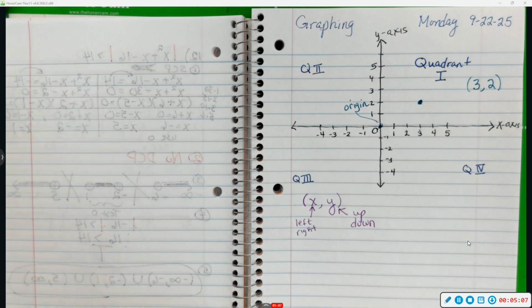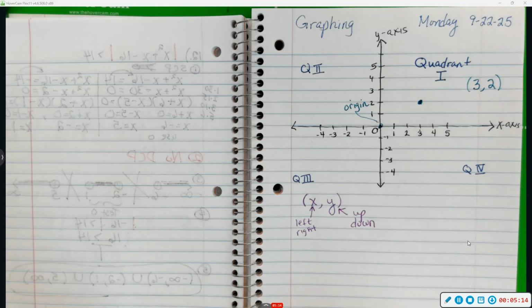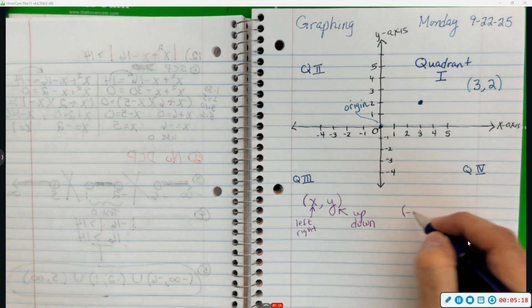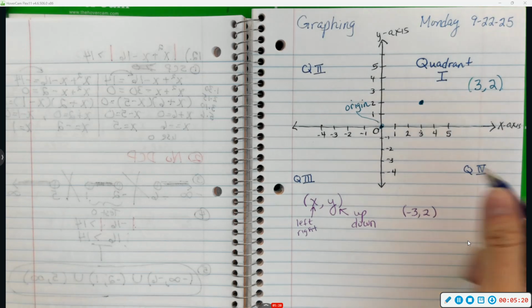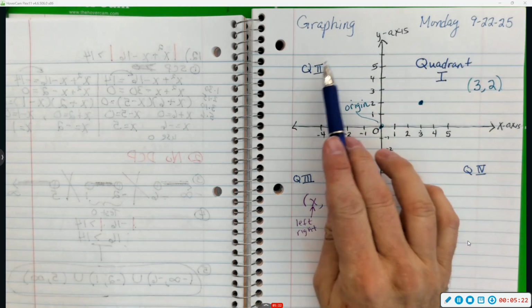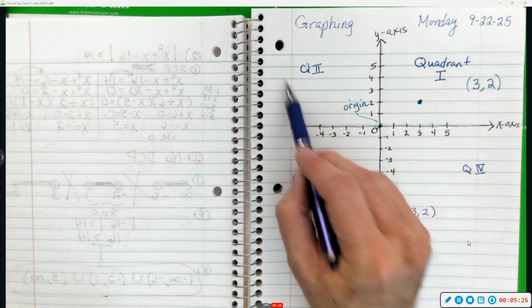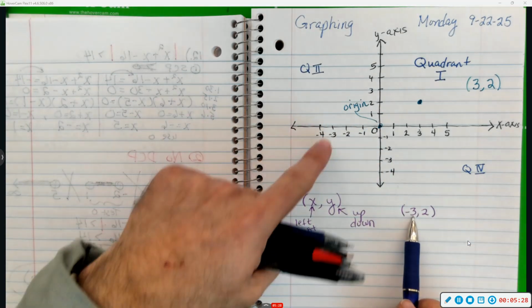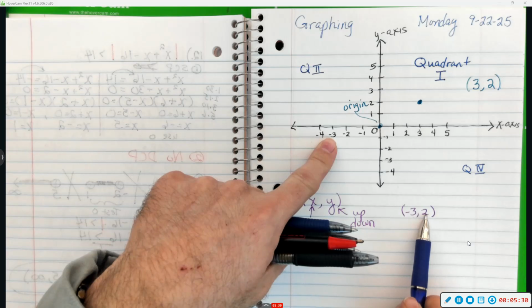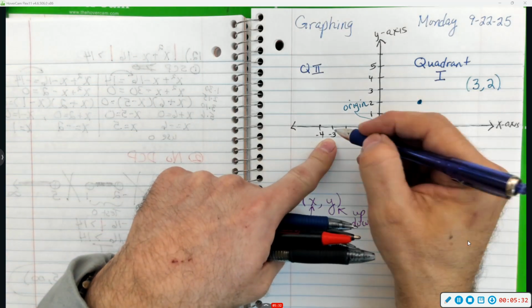Let's plot the point (-3, 2). In which quadrant would (-3, 2) be? Is it quadrant 1, 2, 3, or 4? It would be quadrant 2: left 3, up 2. That's quadrant 2.